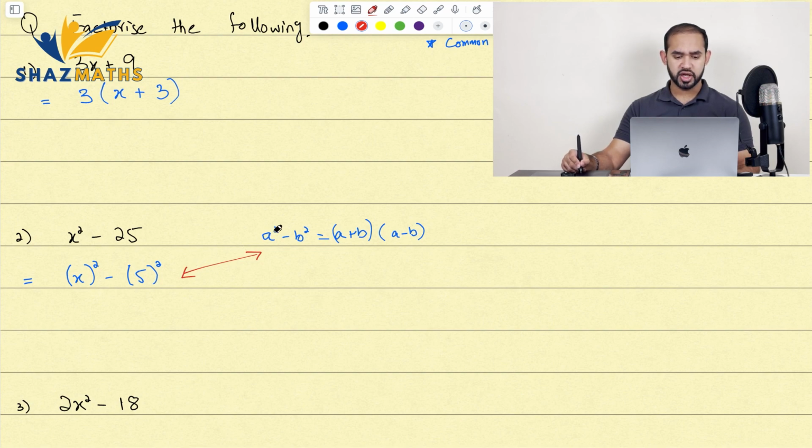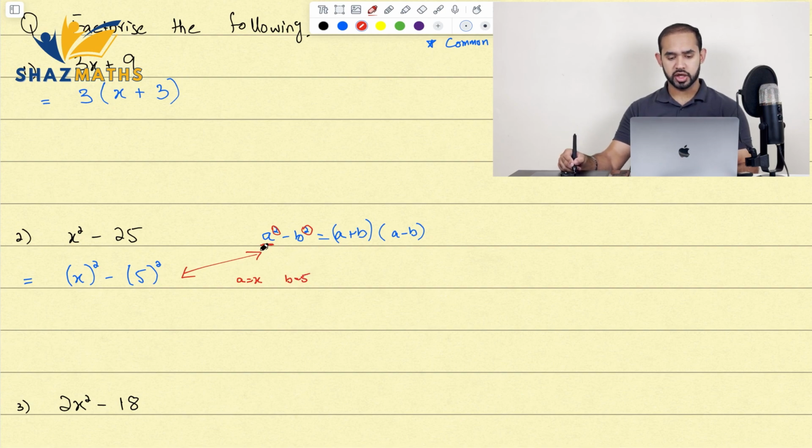See, square is involved, and then the square of the term, like the first term is basically a, and then the second term is b, on which there is a square being applied, right? So that means x is a in this case, and the second term, that is 5, that is equivalent to b.